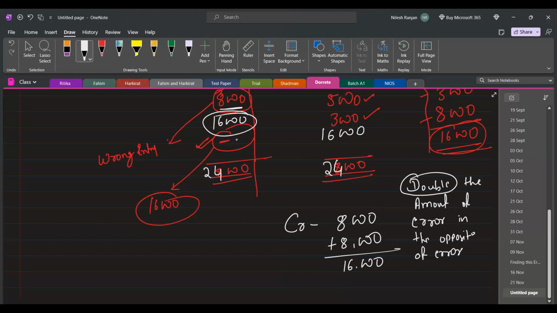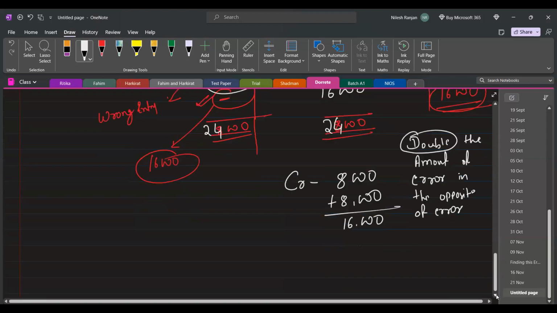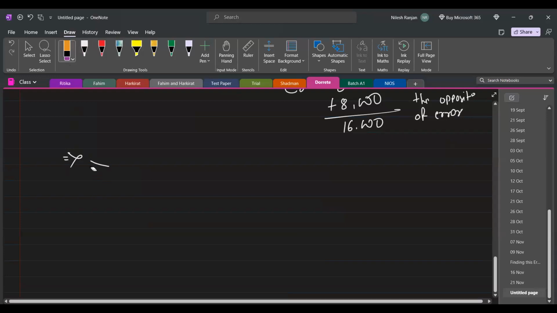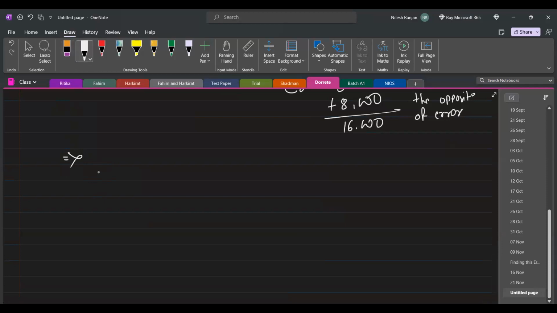Good. Now there is one more item, which is omission in posting. So what should we do here?